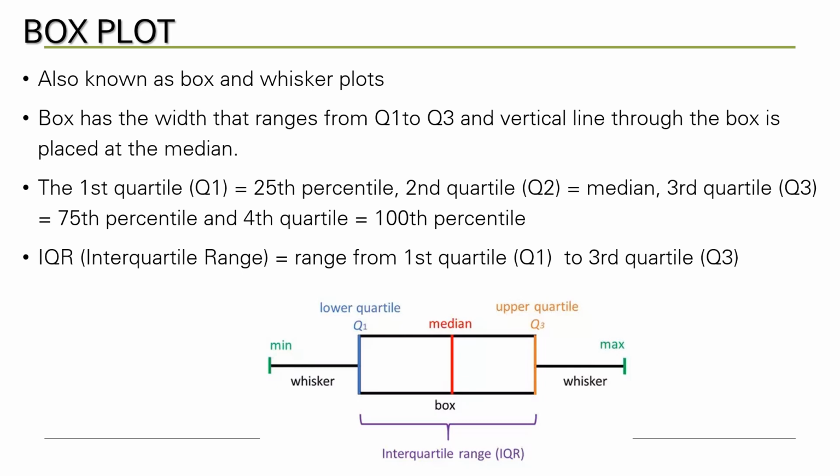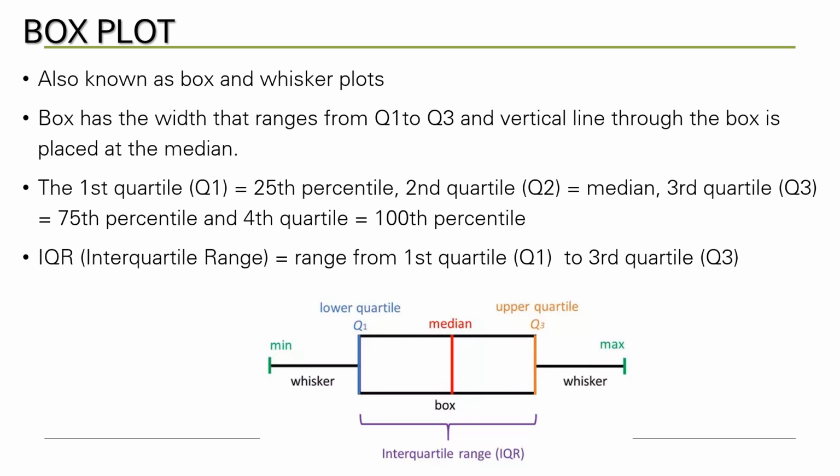Next visual presentation for quantitative data is box plot. Box plot, also called box and whiskers plot, is a very popular and widely used plot for visualizing data in the field of statistics. Box plot displays the distributions of data based on a 5-number summary.